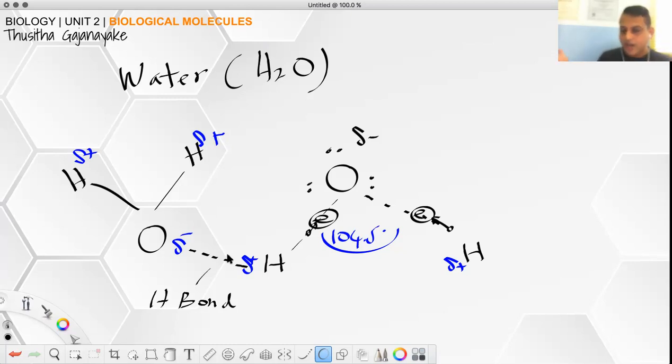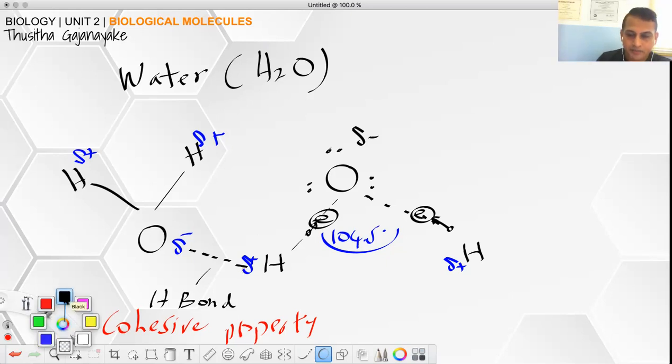And this hydrogen bond linkage gives a special property, cohesion. This property is called cohesive. Cohesive is a kind of binding to each other. As a result, water exists as one unit.